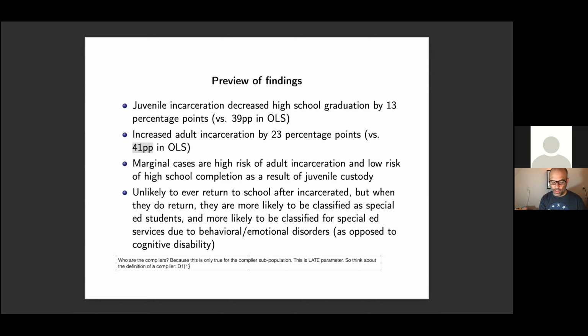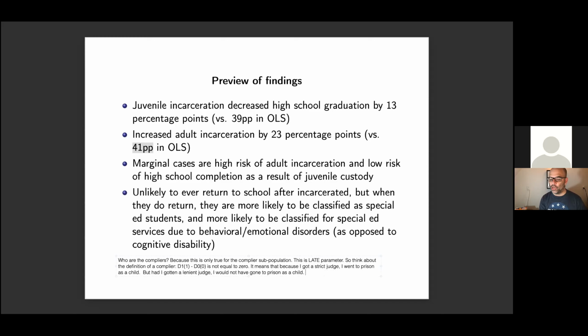D1 minus D0 is not equal to 0. It means that because I got a strict judge, I went to prison as a child. But had I gotten a lenient judge, I would not have gone to prison as a child.